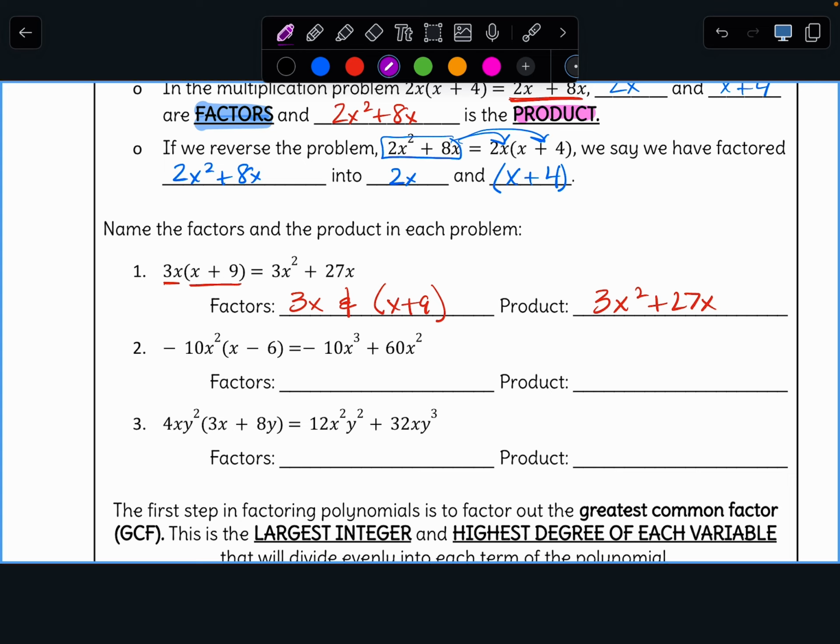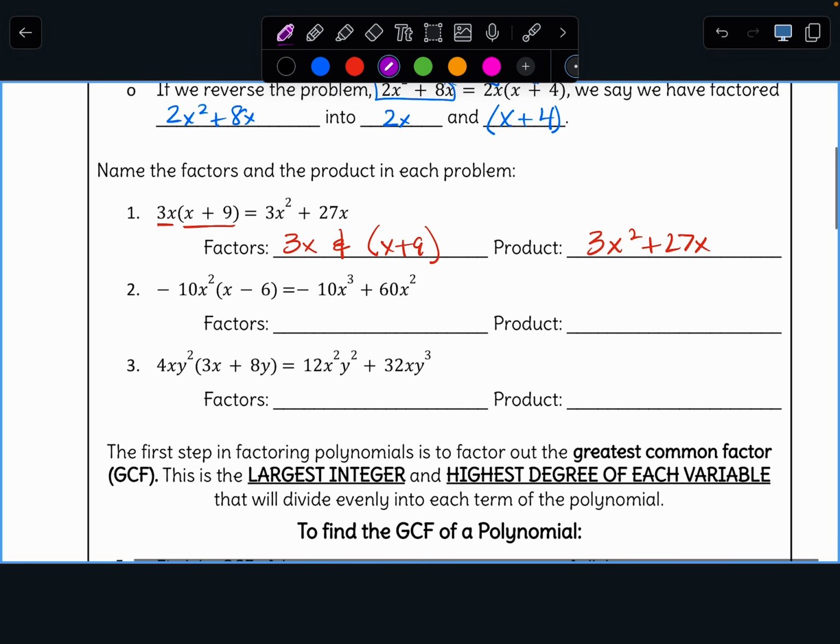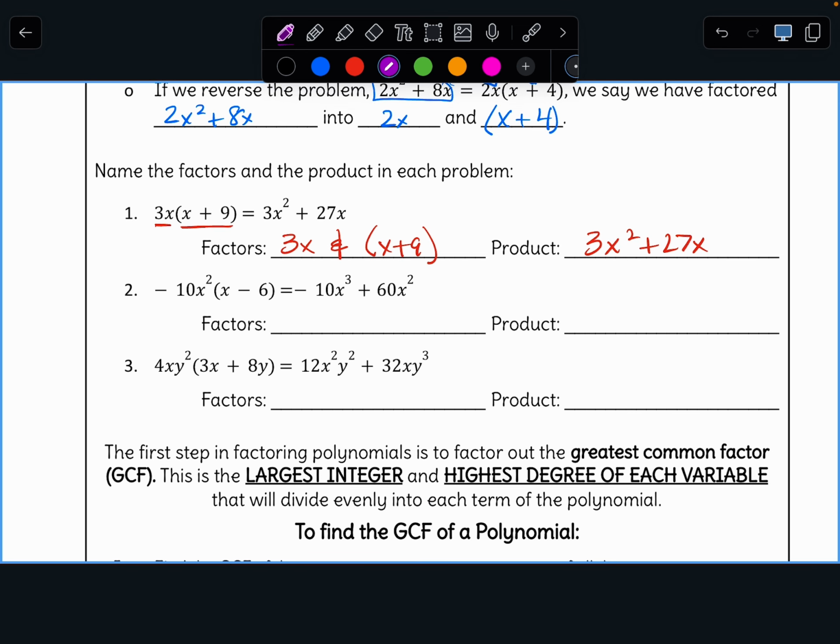So all we're doing right now is identifying the different pieces of the problem. So for number 2, I have negative 10x and x minus 6. So it's negative 10x squared and x minus 6. With our product being negative 10x cubed plus 60x squared.